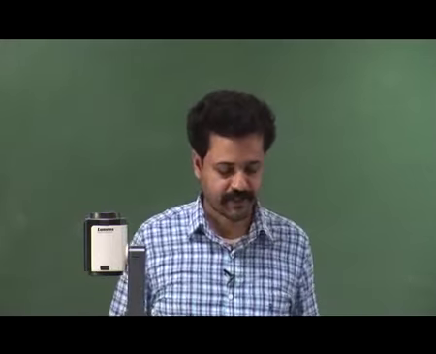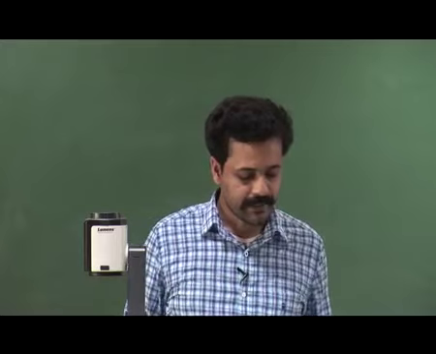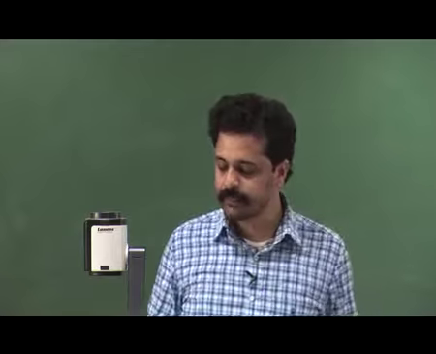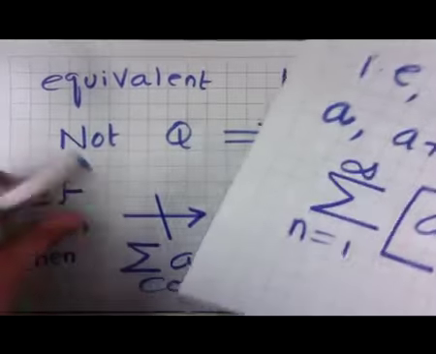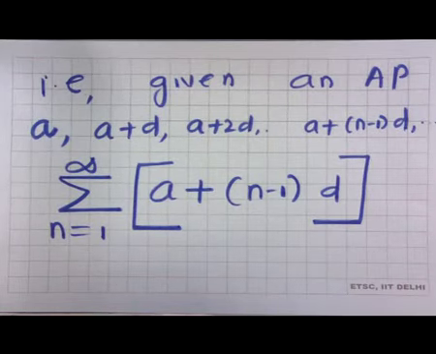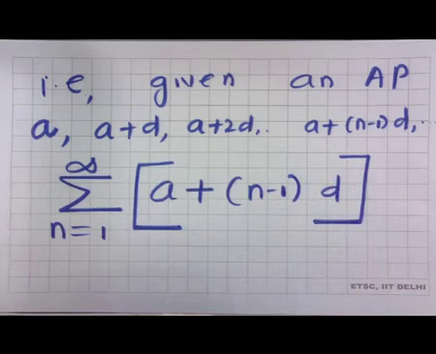Keeping this observation, let us go back to the question. Given an arithmetic progression a, a plus d, a plus 2d, etc., is the infinite series summation from n equal to 1 to infinity of a plus n minus 1 into d convergent? Does this infinite series finally represent a real value?